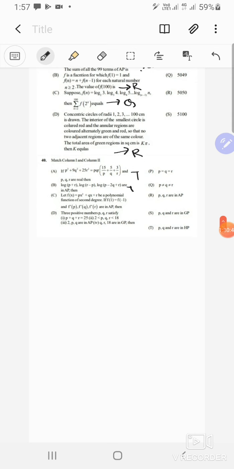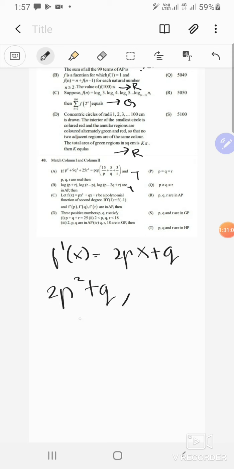f prime of p, f prime of q, and f prime of r are in AP, but f prime of x is going to be 2px plus q. Okay, nice. And these are supposed to be an AP, so this is 2p squared plus q.